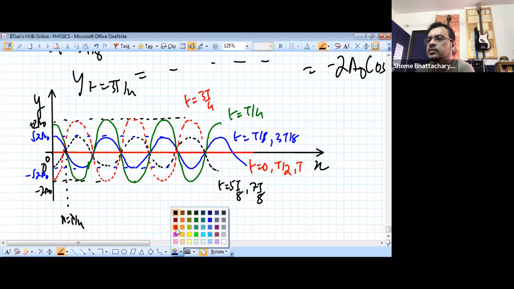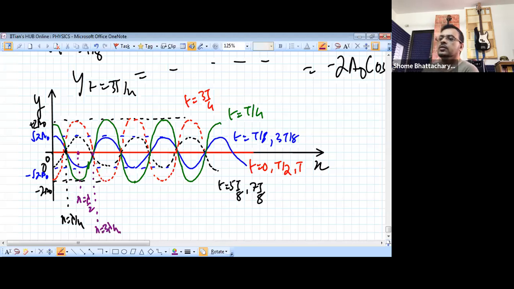Then this next point here, where the amplitude is going up to 2a0, is x equal to lambda by 2. Then the next point here is 3 lambda by 4. Like this.